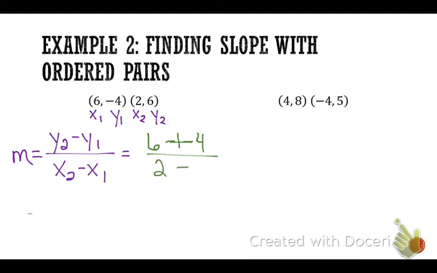2 minus 6. All right, so now I'm ready to simplify. What's 6 plus 4? 10. And what's 2 minus 6? Negative 4. All right, now here's where, is this a fully simplified fraction? Okay? It's not. You cannot make it a decimal, though.